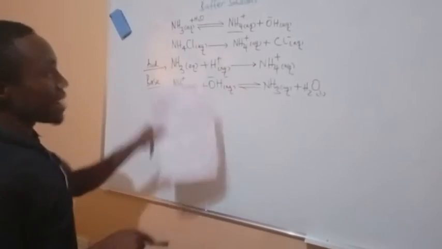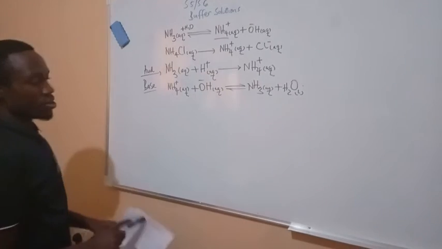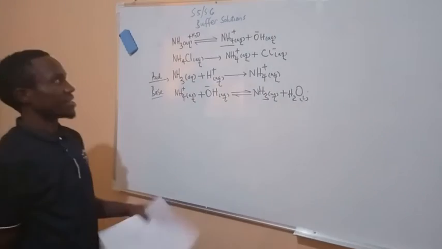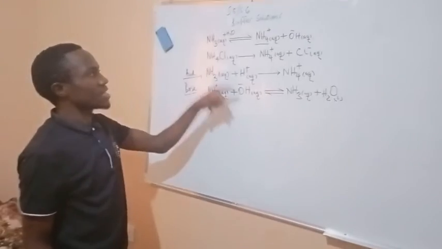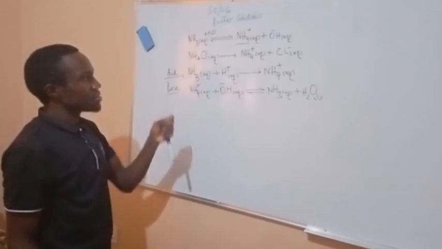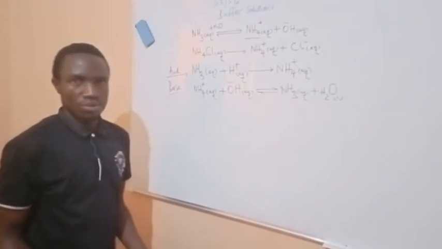So to restore the concentration of hydroxide ions, ammonia molecules keep dissociating, resisting the changes in pH. And this will clearly tell you that the pH will stay constant when an acid or a base is added to a buffer solution.